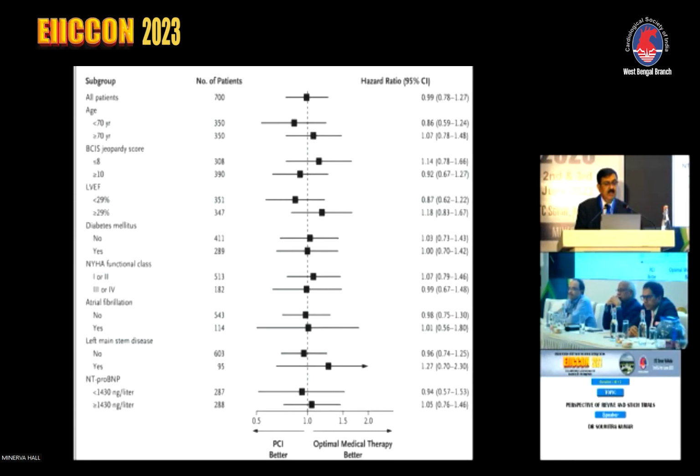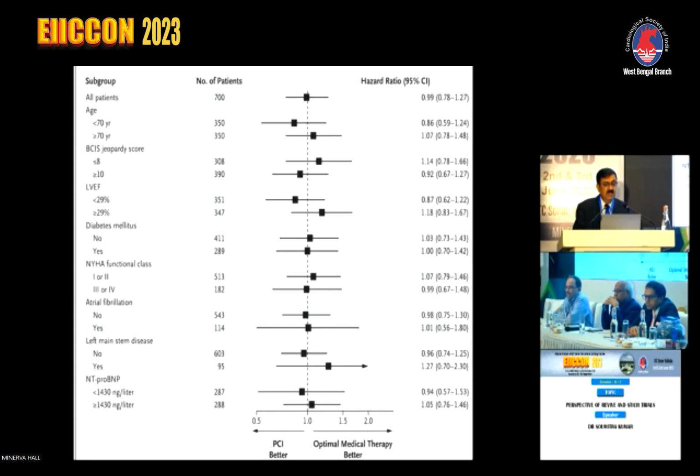And if you consider the subgroups, there are some interesting trends, but none were very definitive. Younger patients tended to fare better with PCI. The BCIS Jeopardy score, the higher the score, the results were somewhat better with PCI. The worse the EF, again a little better with PCI, but not significant.